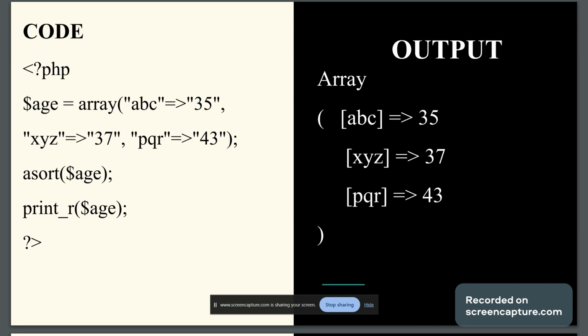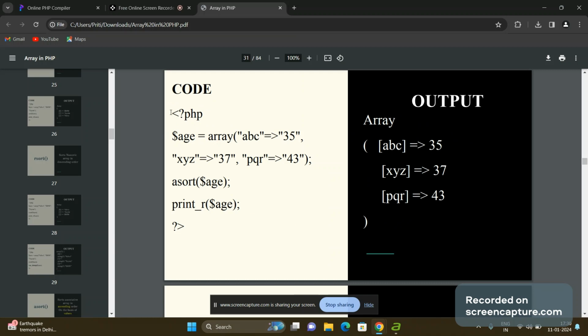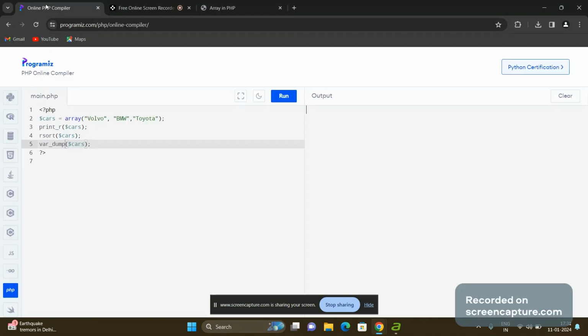Now, suppose for that we have to create the associative array. Associative array means array having key and value. Now, suppose I am creating age array. Age is equal to, I am creating array with array function. Now I want to show the key and value as a person's name and age.